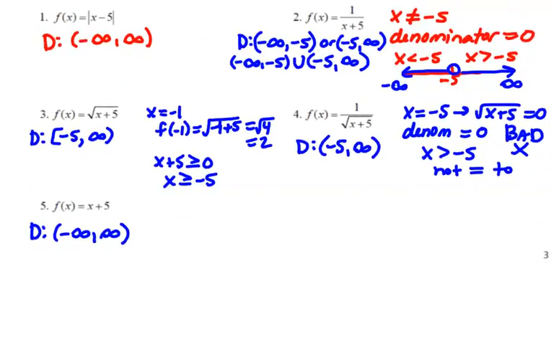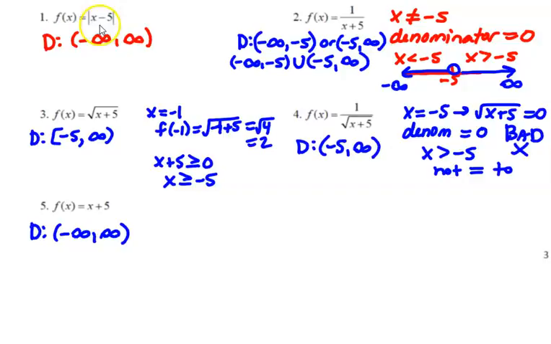Okay, so I can have any values of x. But what about y values? Okay, this is an absolute value sign. Absolute value means take whatever number is in the argument of the absolute value, what's inside the absolute value, and make it positive. So if there's a negative number inside the absolute value, it becomes positive. If there's a 0 in the absolute value, it stays 0.